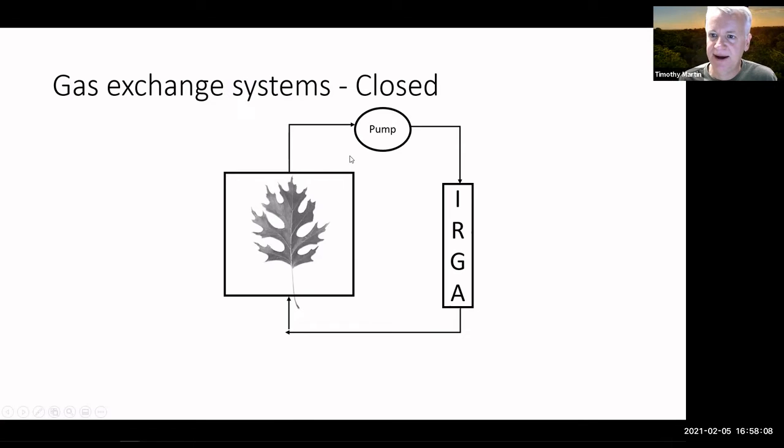So let's think about what the concentration of CO2 measured by this infrared gas analyzer might look like over time. So what I'm going to do is draw what that might look like over time.